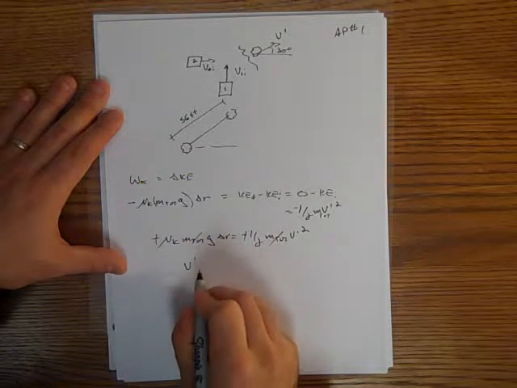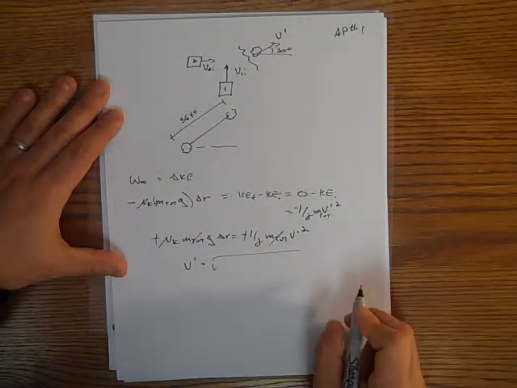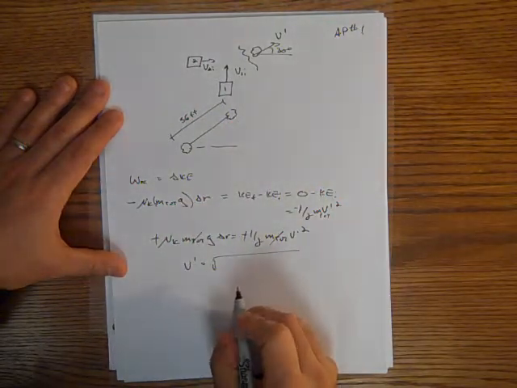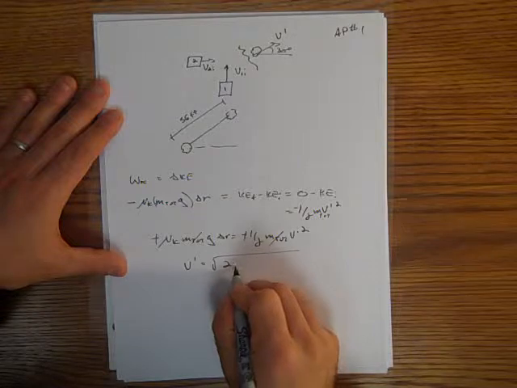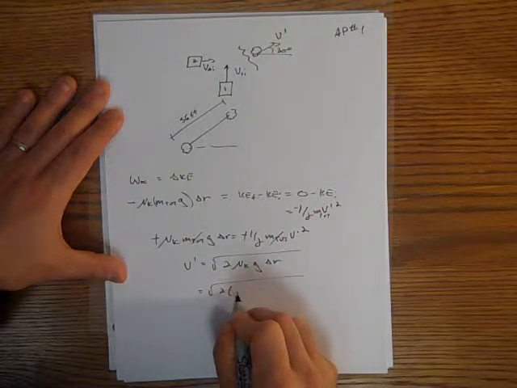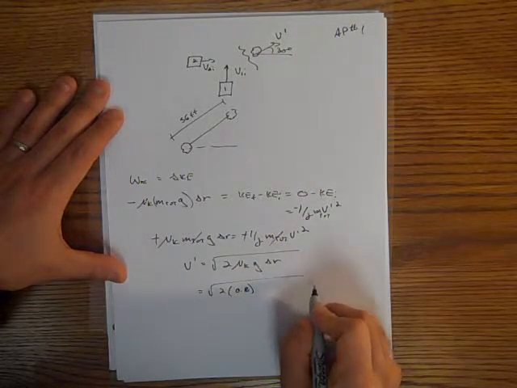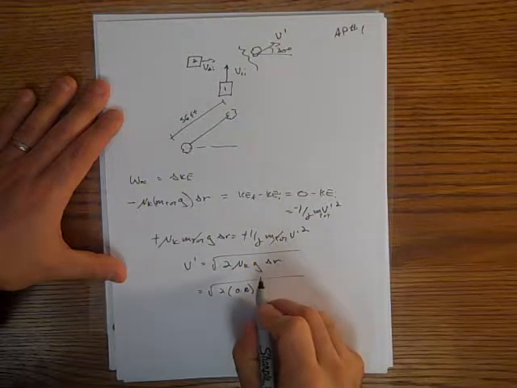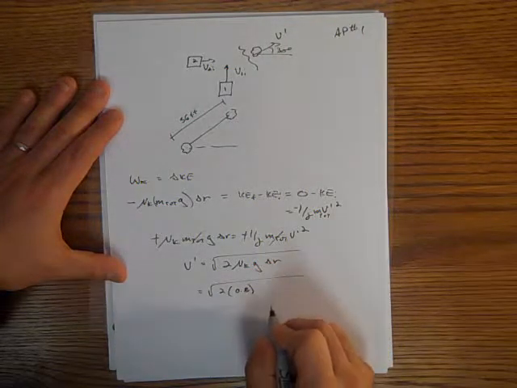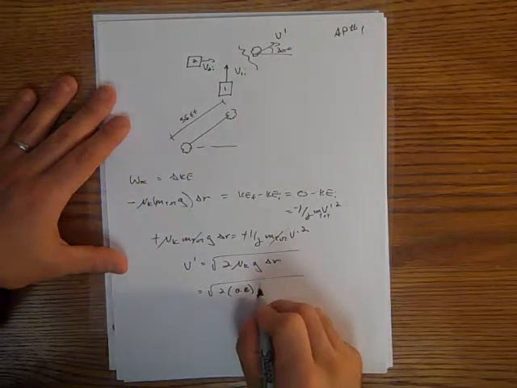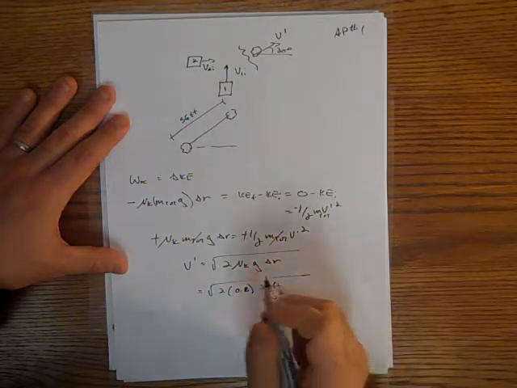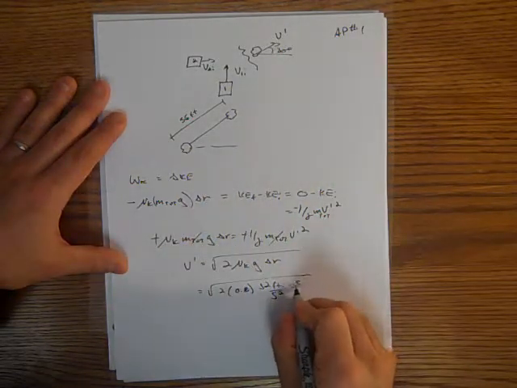And so I get a final speed after the collision, v prime, of the square root of 2 mu sub k g delta r, which is 2 times 0.8, that's the kinetic friction coefficient, times g. In this problem I'm going to use English units, 32 feet per second squared, because it's a little easier, times the distance it travels, 56 feet.